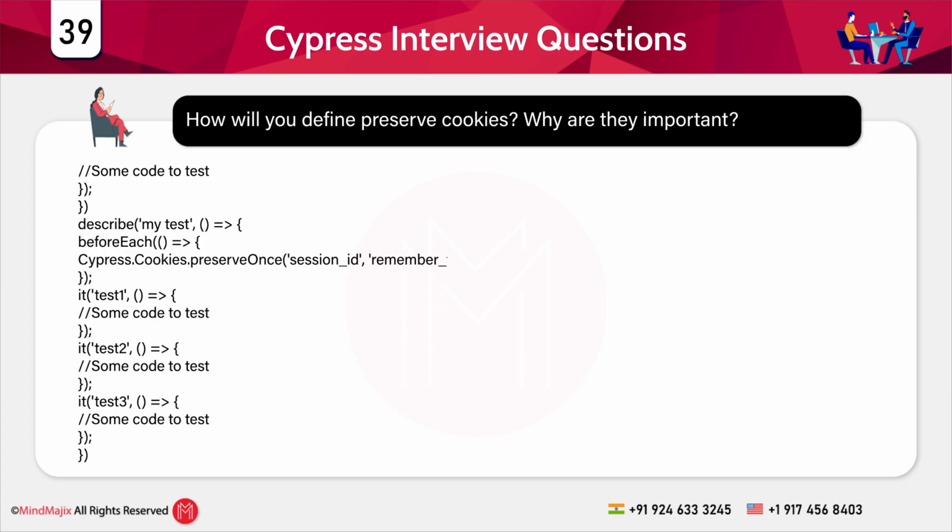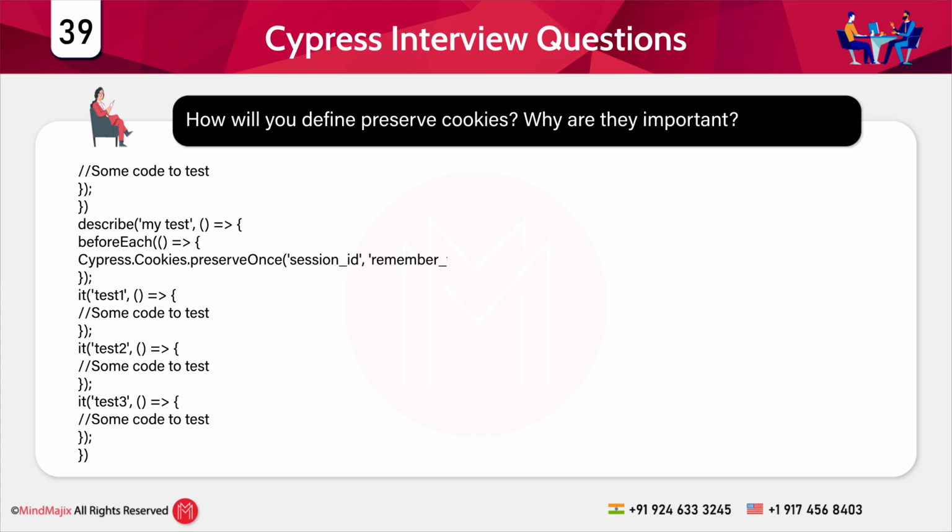So inside the describe my test, in beforeEach, you can use this command Cypress.Cookies.preserveOnce, and here you have to mention the session ID and remember token. Using this particular command, you can preserve the cookies for this particular test case, and if you want to reuse those cookies in the next test case, you can use it.